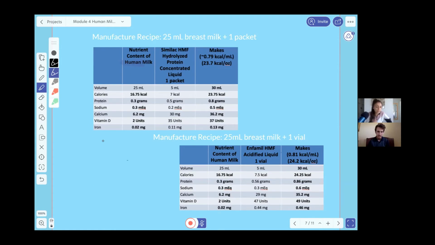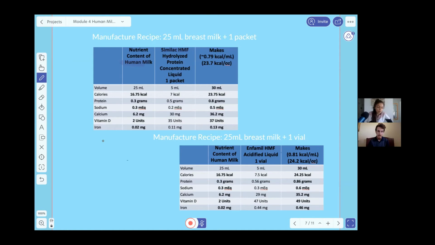Compare it to Similac. She wants to know exactly the recipe. All that this chart is saying is that every single line we're adding to actually make the entire recipe, which is the Similac with our breast milk.